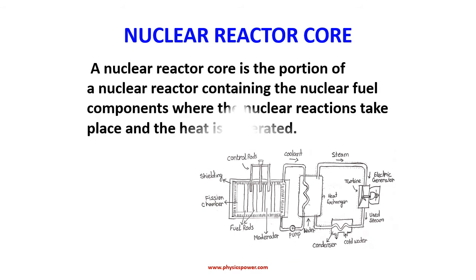The nuclear reactor core is inside the shielding. It is the portion of a nuclear reactor containing the nuclear fuel components, where the nuclear reaction takes place and heat is generated.